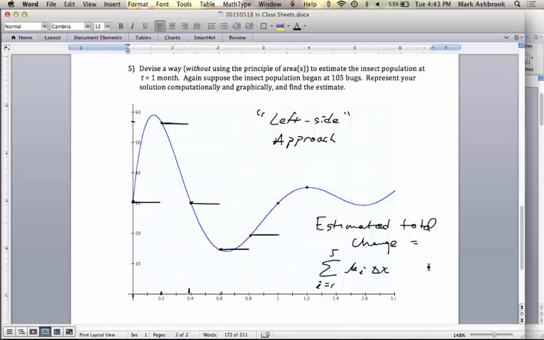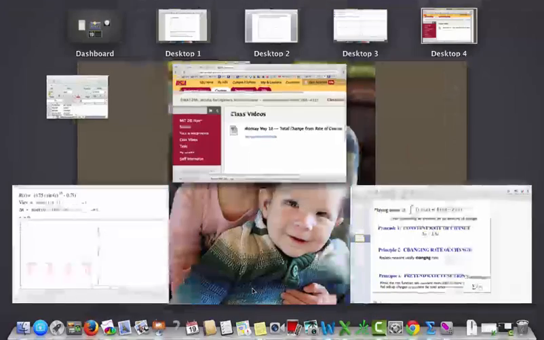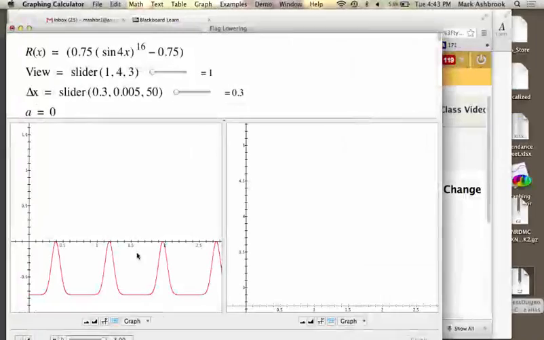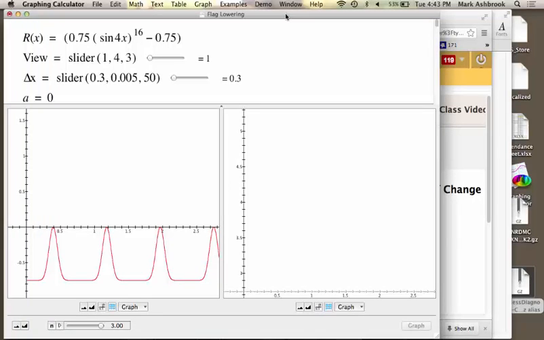Other questions? Okay, so let's go back to the flag lowering.